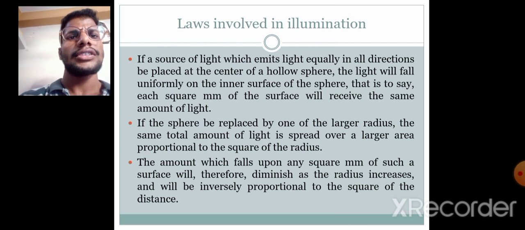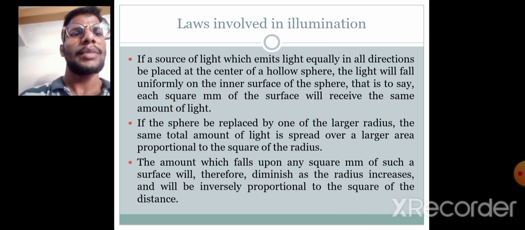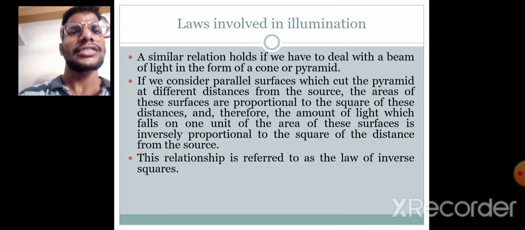If the sphere is replaced by one of a larger radius, the same total amount of light is spread over a larger area proportional to the square of the radius. The amount which falls upon any square unit of such a surface will therefore diminish as the radius increases, and will be inversely proportional to the square of the distance.